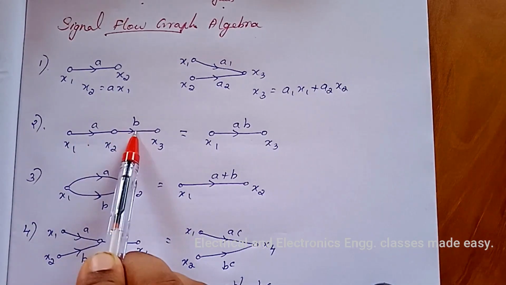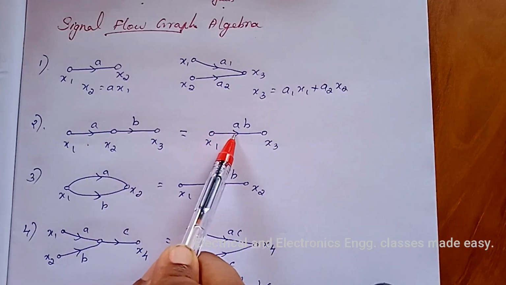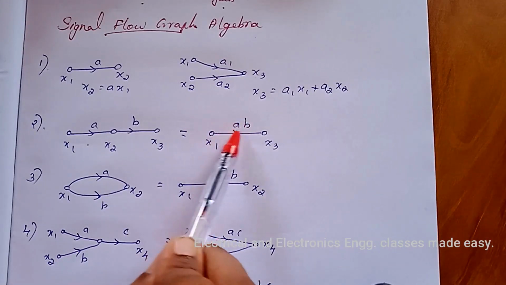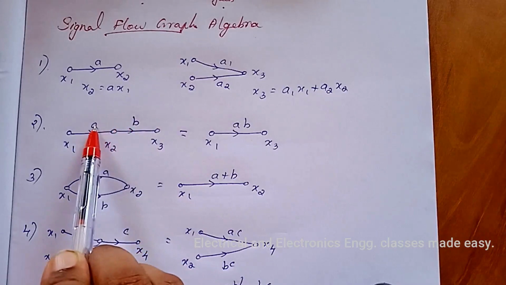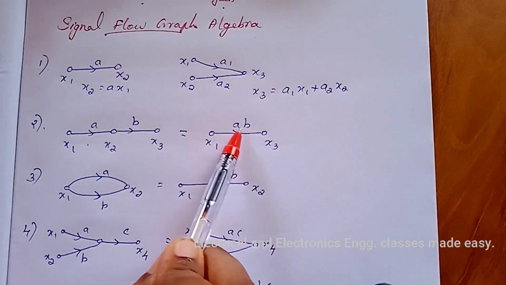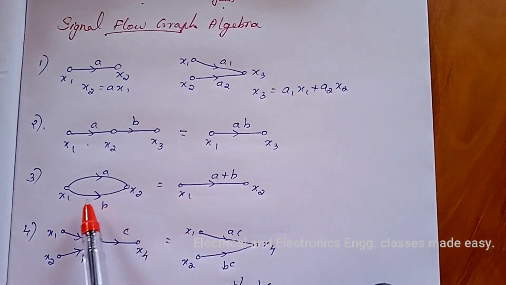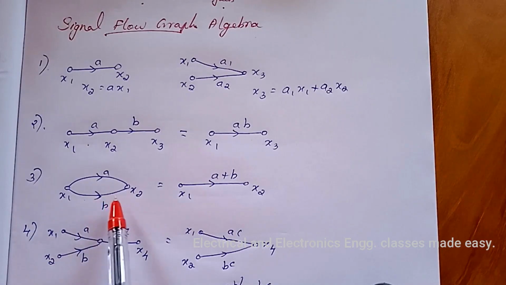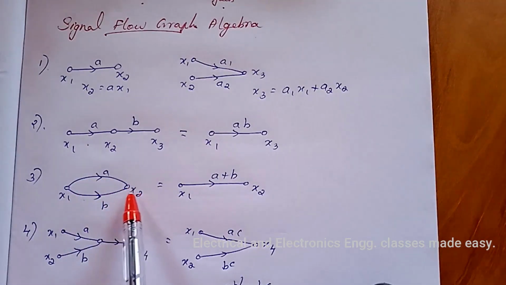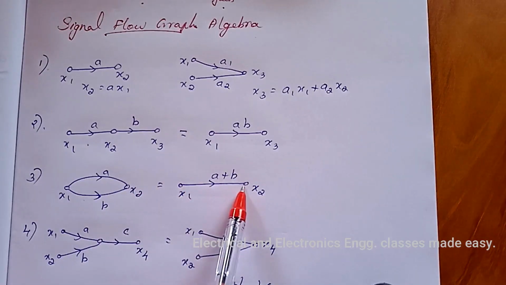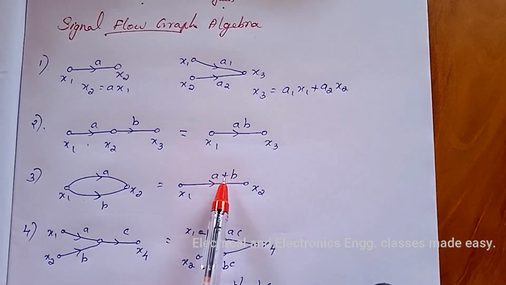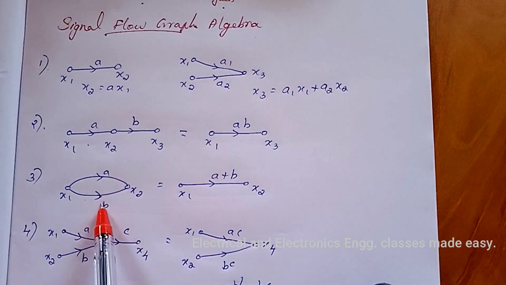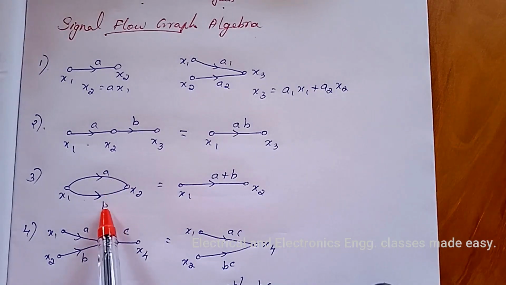So these two branches we can combine to one branch where this gain is equal to the product of these two gains, that is A into B. Then third one, parallel branches may be represented by a single branch whose transmittance is the sum of the individual branch transmittance.